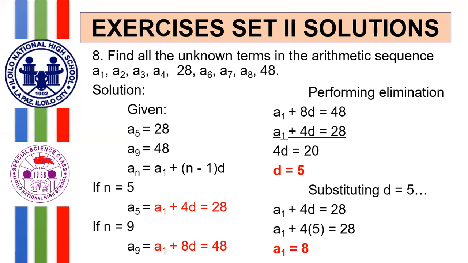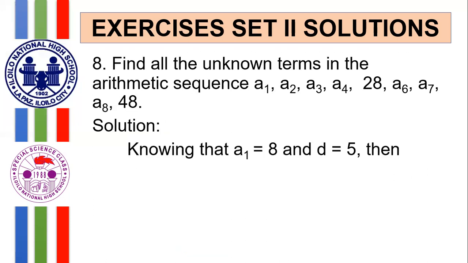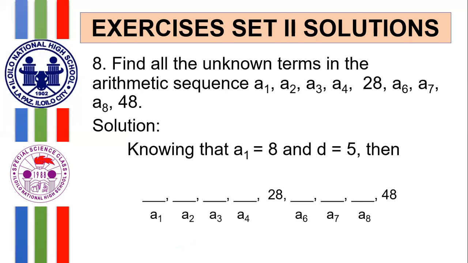And since we know that a sub 1 is 8, it is now possible to determine the values of the other terms. From here, knowing that a sub 1 is 8 and d equals 5, these are the missing terms. So a sub 1 is 8 there. And recursively speaking, you have to add the common difference to get the next term.